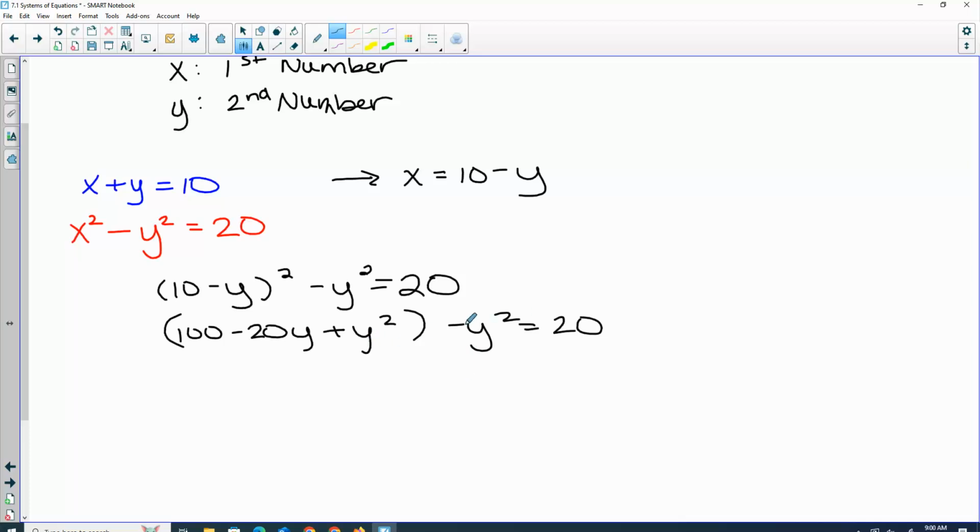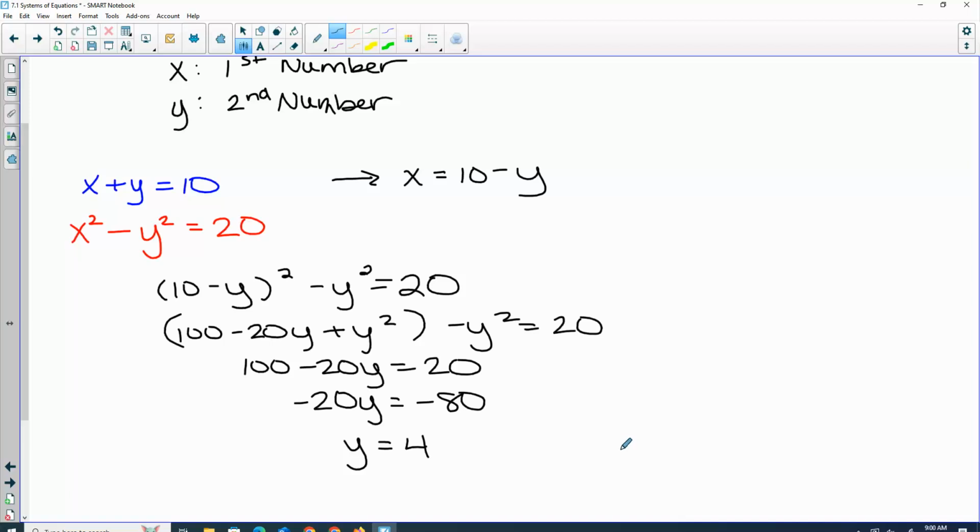Lucky for us, positive and negative y squared cancel out. I subtract over my 100. Divide by 20.